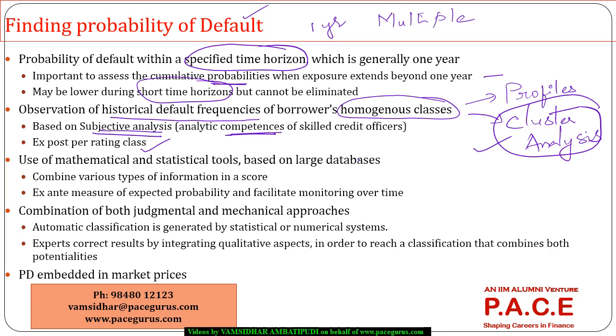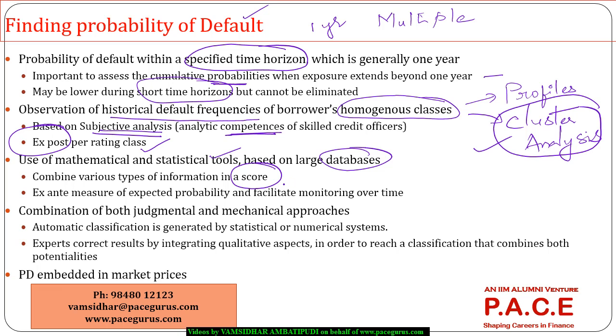Whereas we have another mechanism. So this is mostly ex post. After the data is derived, we are simply trying to find out what is the proportion of those borrowers in each of the classes who have defaulted. We also have mathematical and statistical tools which we can apply on the large databases. So various types of information collected regarding the borrowers is taken in the form of a score.